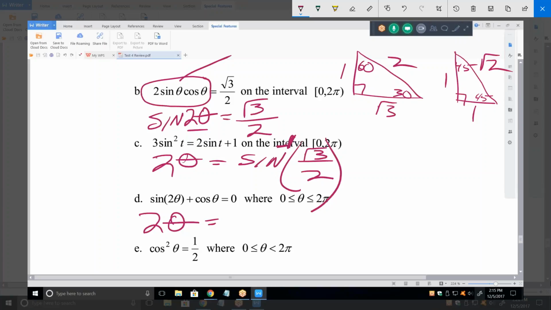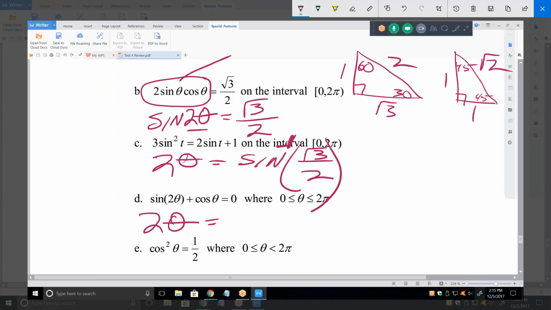Where is the sine of which of these angles equal to square root of 3 over 2? Sine of 30? No, sine of 30 is 1 over 2.